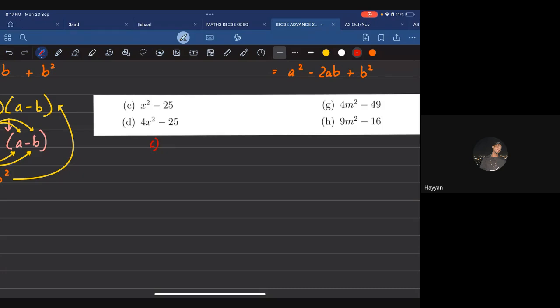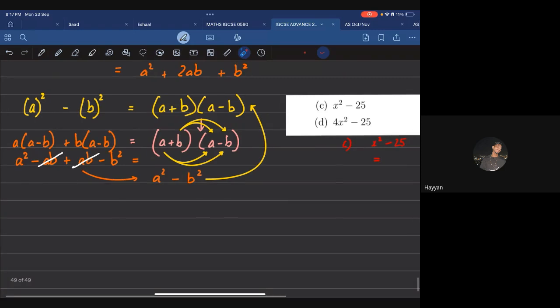So C is equal to x squared minus 25, which is going to be equal to what? Now, it does not look similar to what I've taught you. I am saying that the first term is whole squared minus the second term is also whole squared. Like the square is individually on both of them.